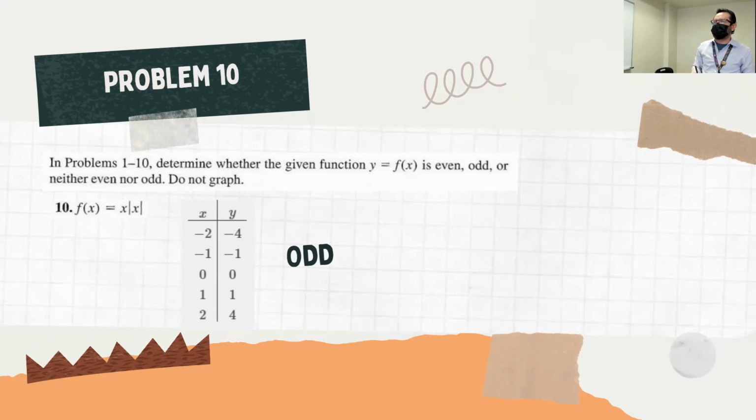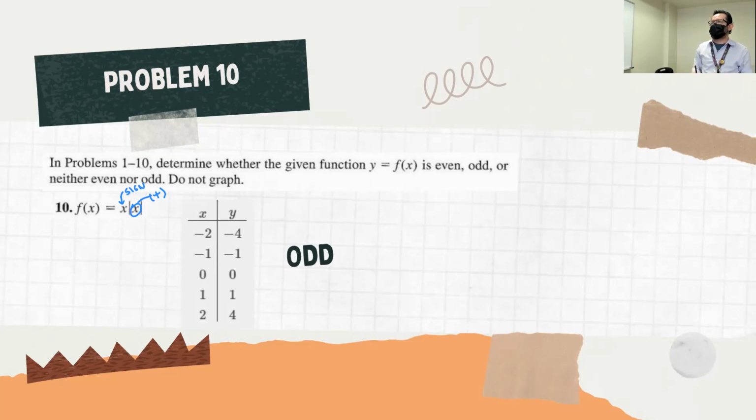Basically, whatever number we put in the absolute value is always going to be positive, so the sign is going to be determined by the x outside. That means that if x is positive, the result is going to be positive. If the number is negative, the result is going to be negative.